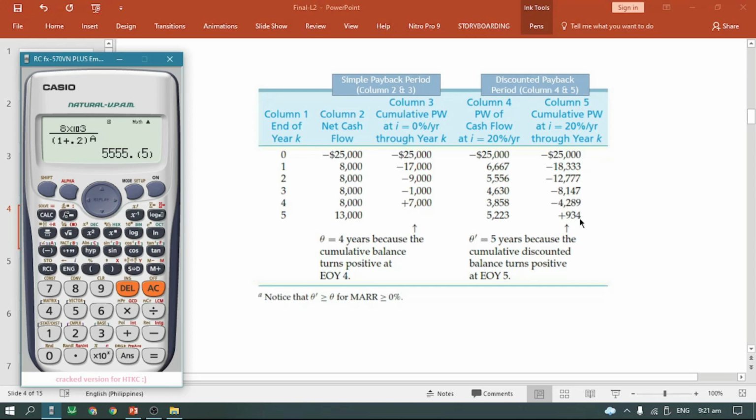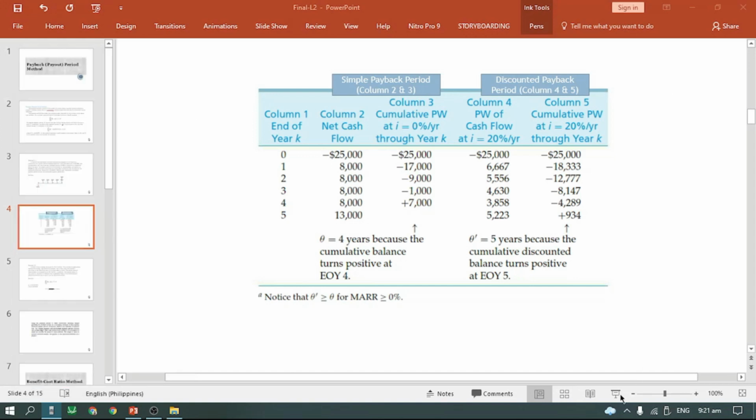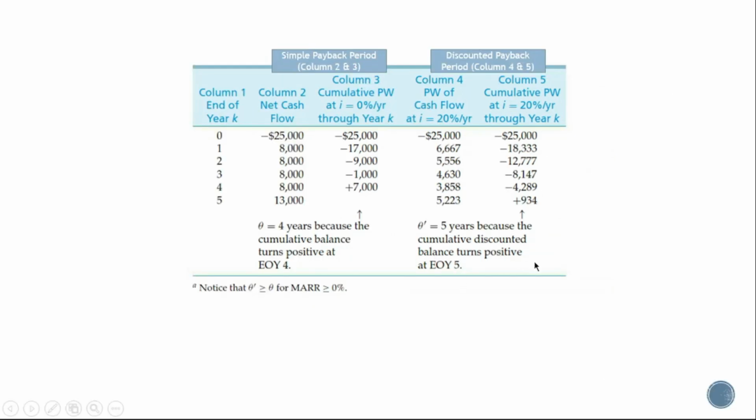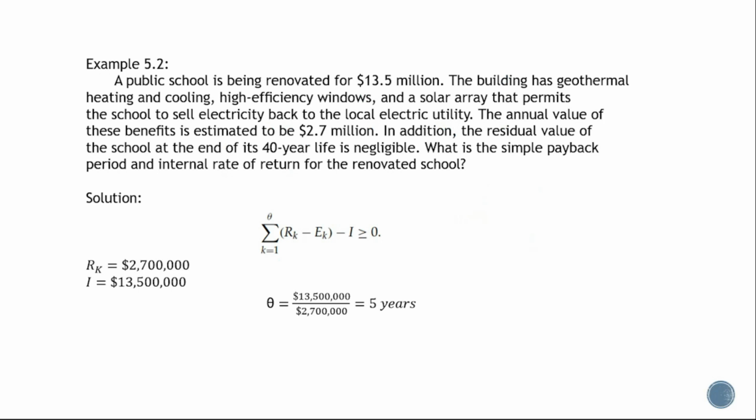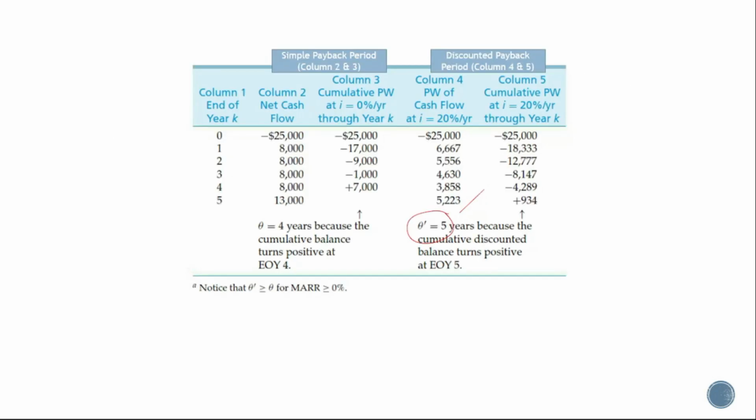At the end of 5 years, our cash flow turns positive. Meaning, we have earned and recovered the capital investment. So, at the end of 5 years is our payback period. It takes longer using the discounted payback period. So, that is the manual way.